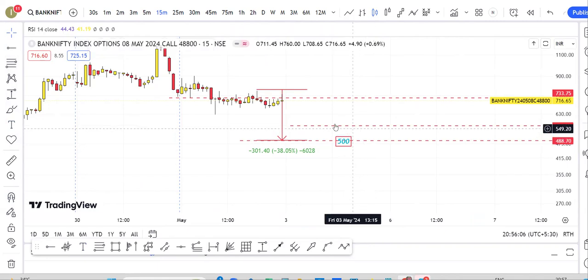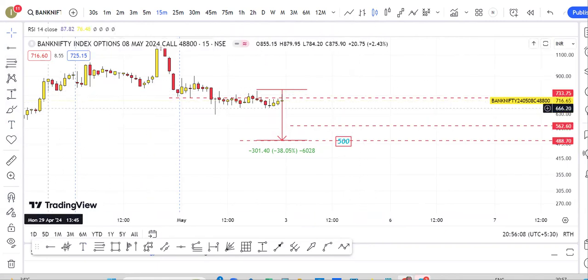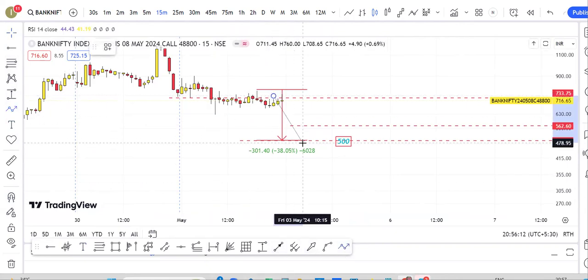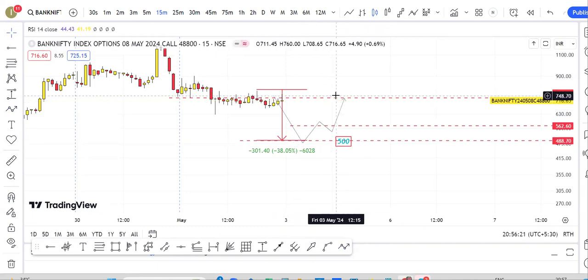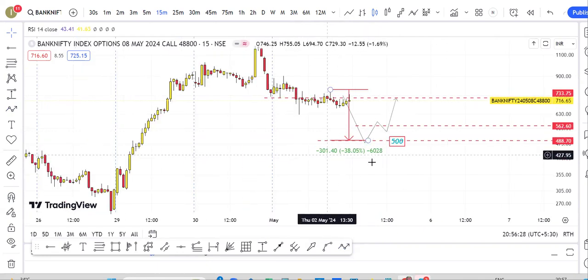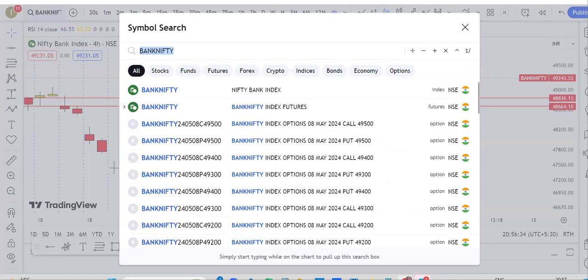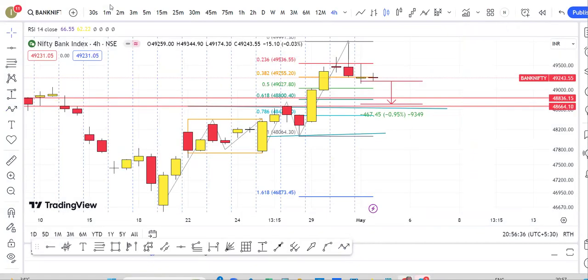You can anticipate the price to fall over here. And if it starts reversing like that, from here to here, you can get 200 points.